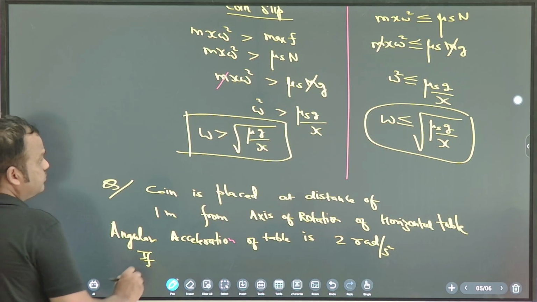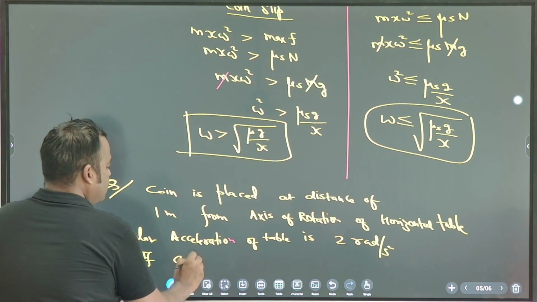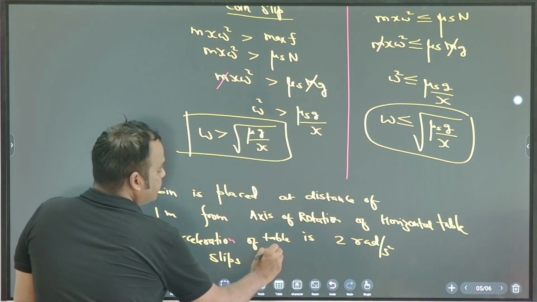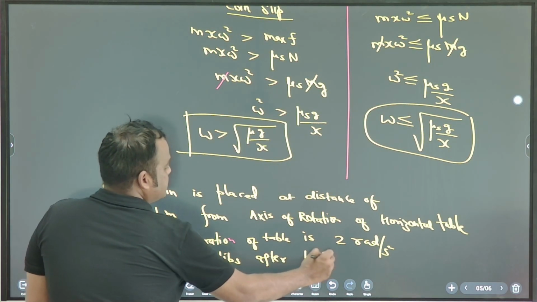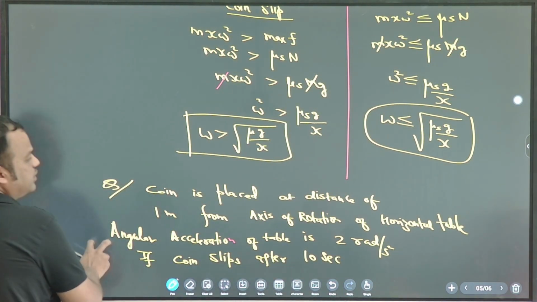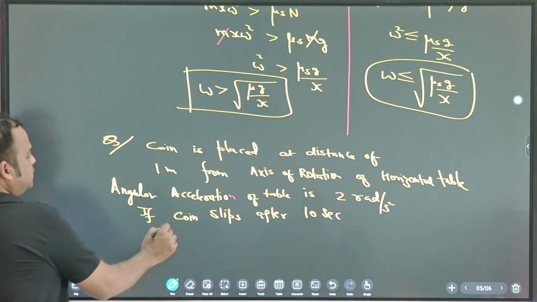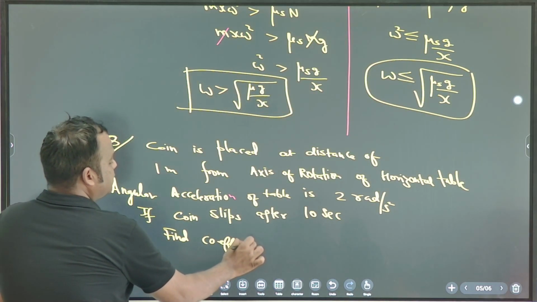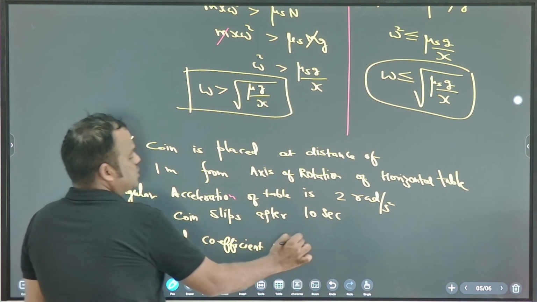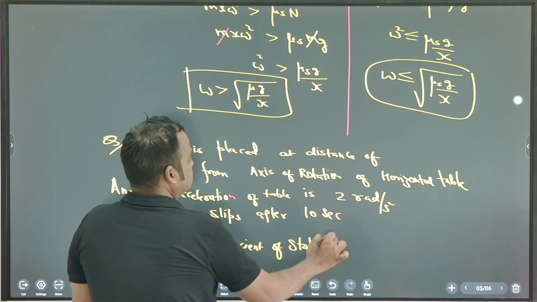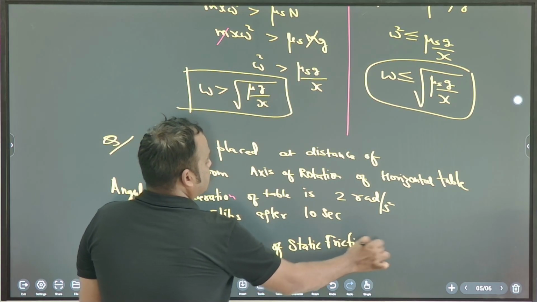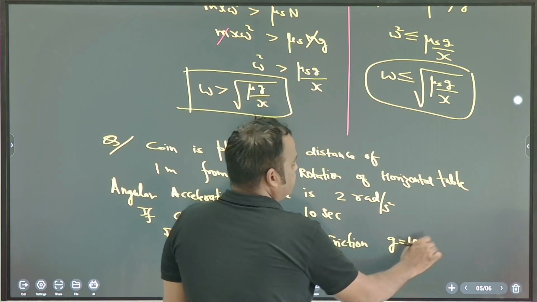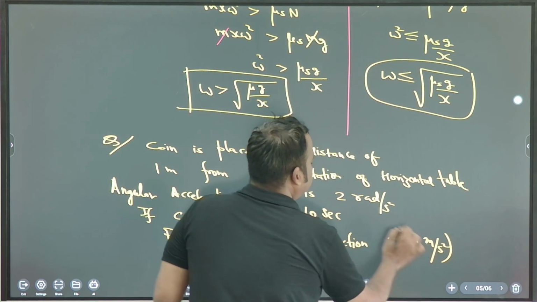If the coin slips after 10 seconds, find the coefficient of static friction. The g value is given, small g value 10.